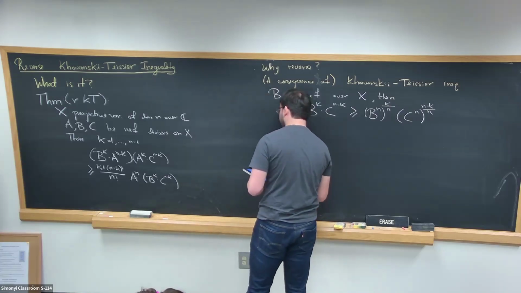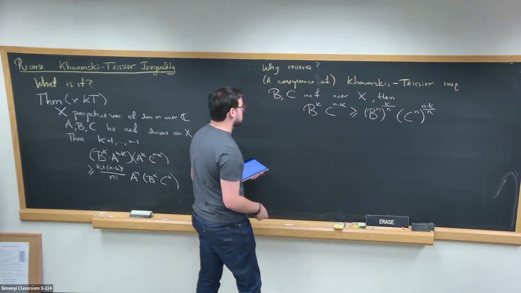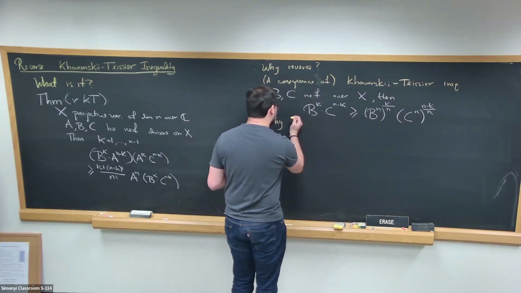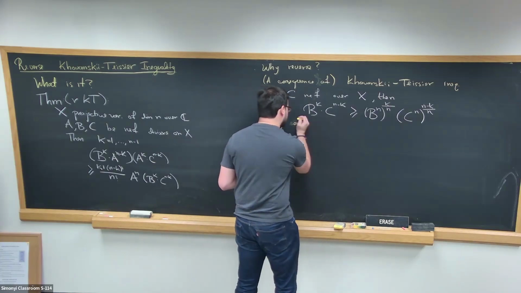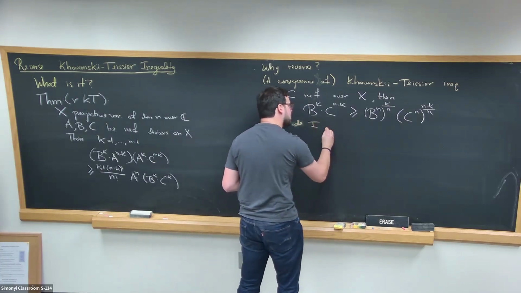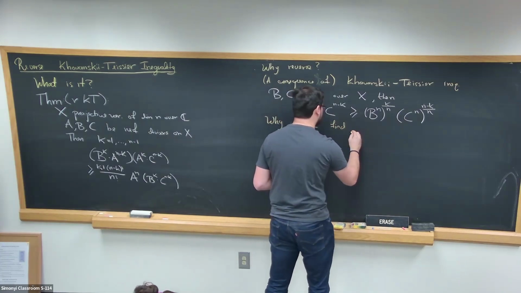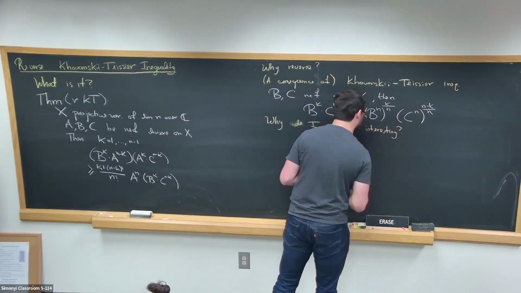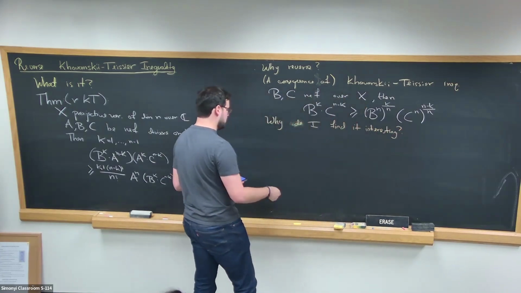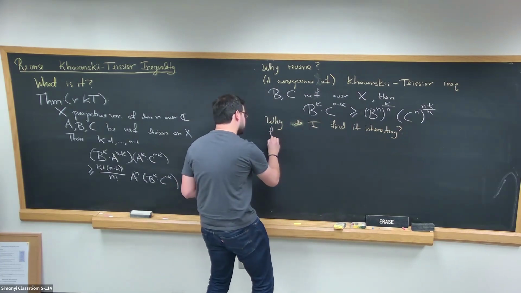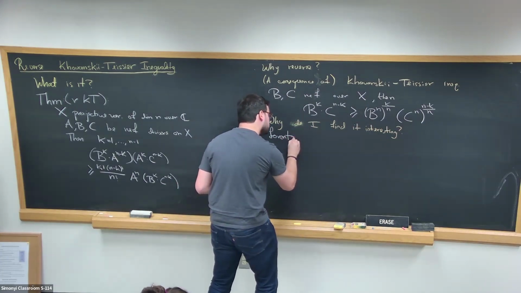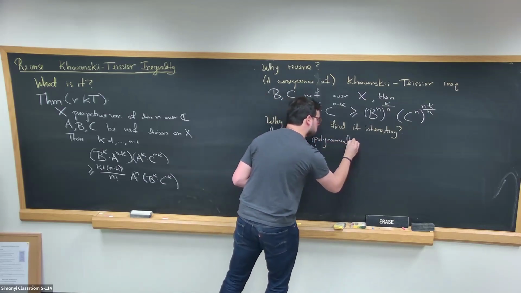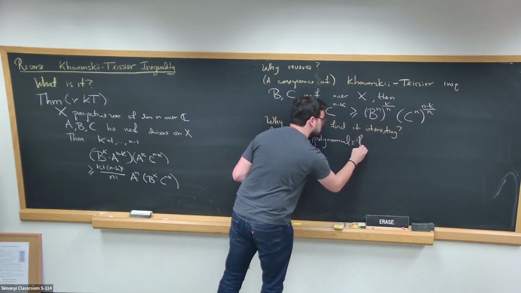And another thing one might ask is, at least for me, why is it interesting, or why do I find it interesting? For me, and for many of you, I guess, it comes from Lorentzian polynomials.